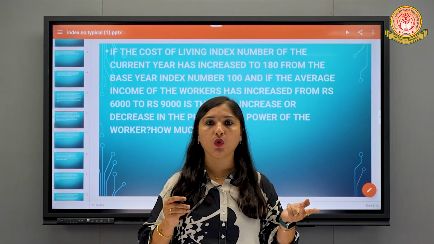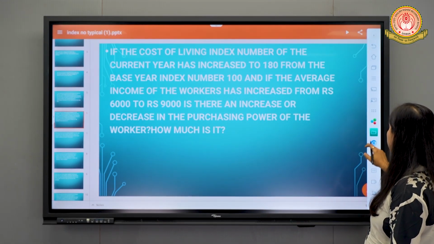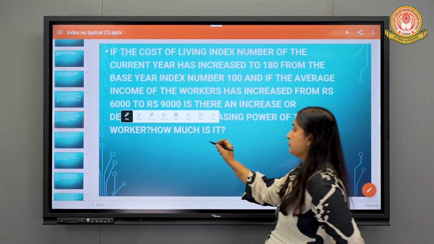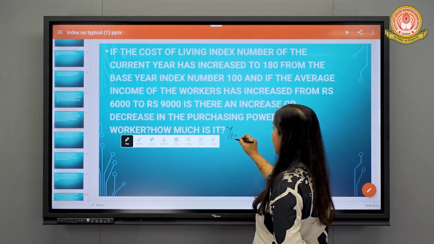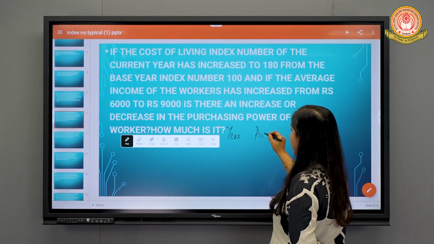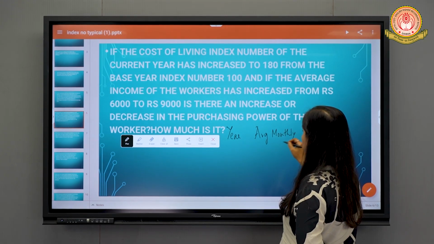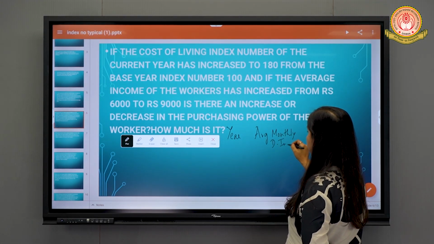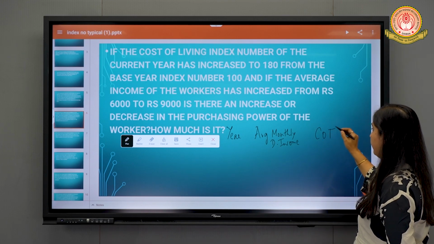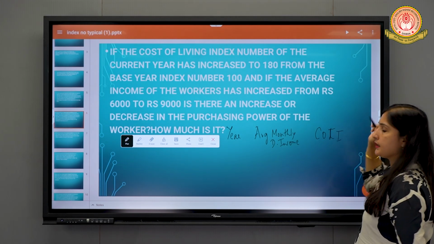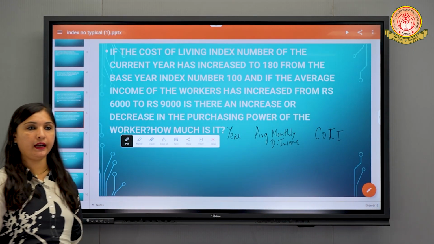What we will do? We will make 3 columns. The 3 columns will have year, average monthly disposable income, and the last column will be cost of living index number. Okay? We'll start filling the data.